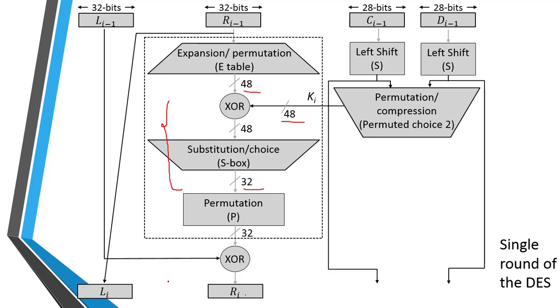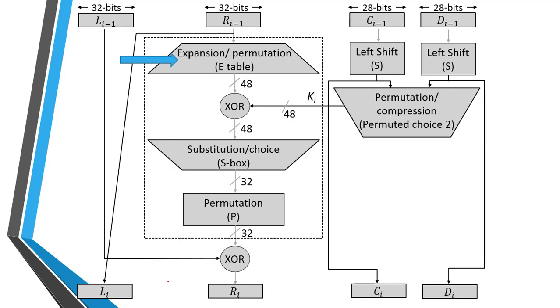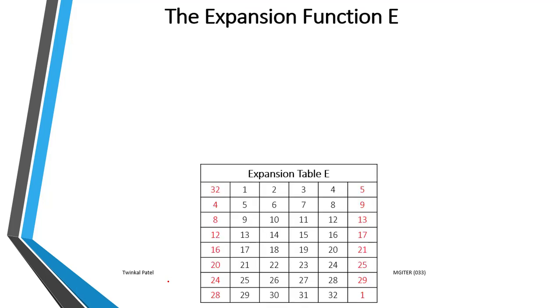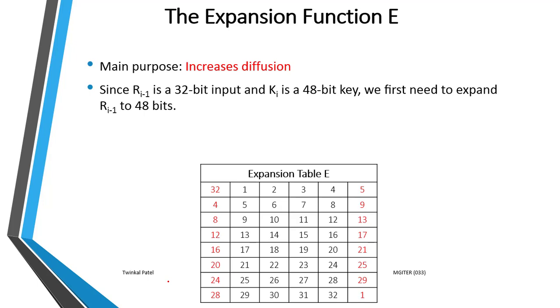Now we will see the main functionality, that is the expansion, substitution, XOR and permutation, all the operations in detail. First of all we will see expansion, the expansion or permutation table. The expansion function E takes a 32-bit input and gives us a 48-bit output.